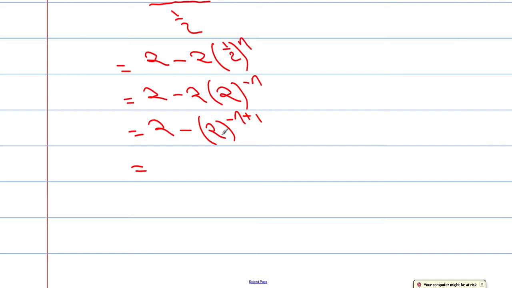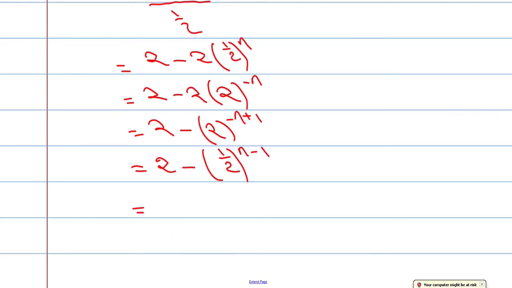And then finally what I'm going to do is write that as 2 minus, and I'm going to put it back in the form we had to begin with. So instead of writing it as 2, I'm going to flip it using the laws of indices, write it as a half. But if I do that, I need to change the sign of the powers, and we get n minus 1.